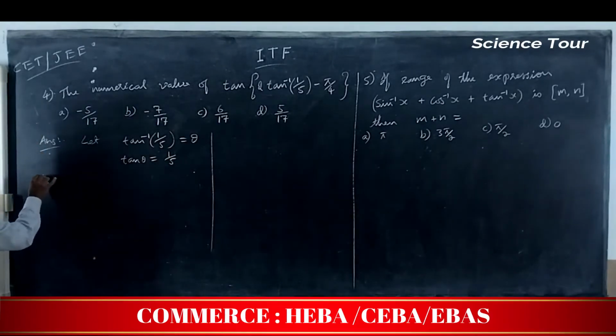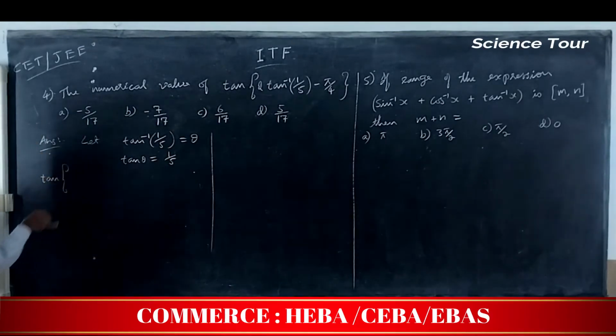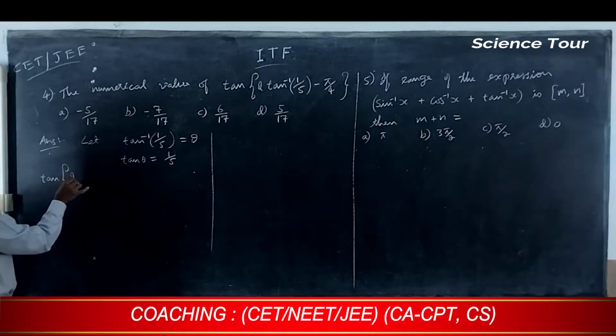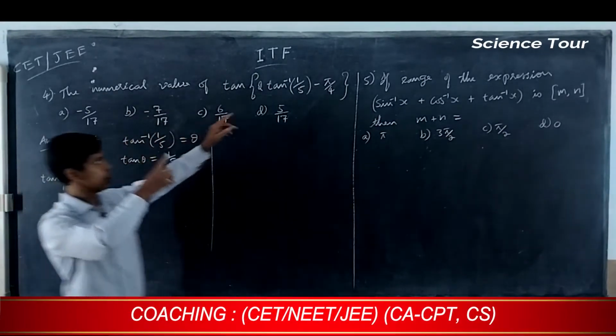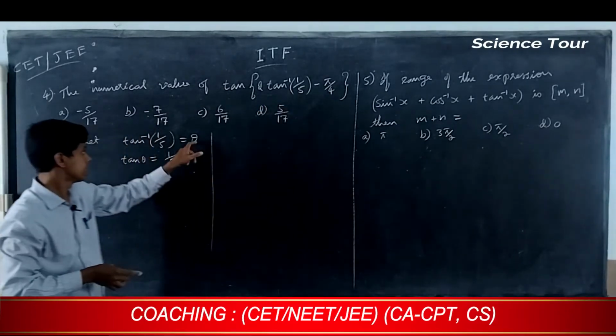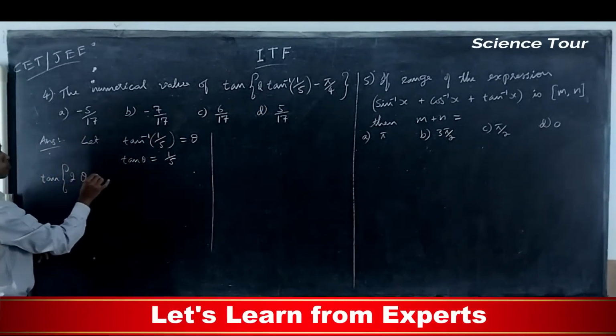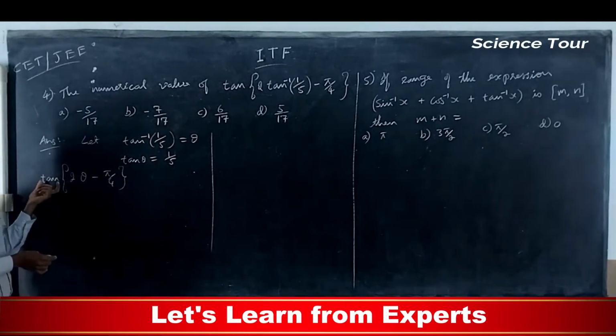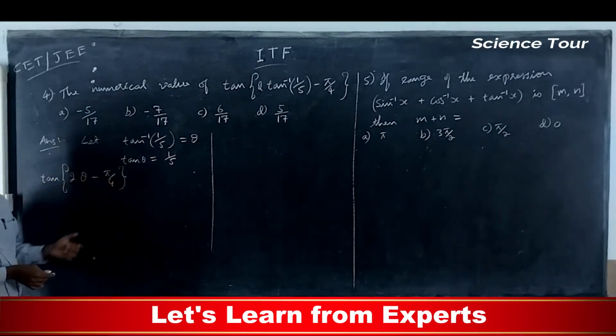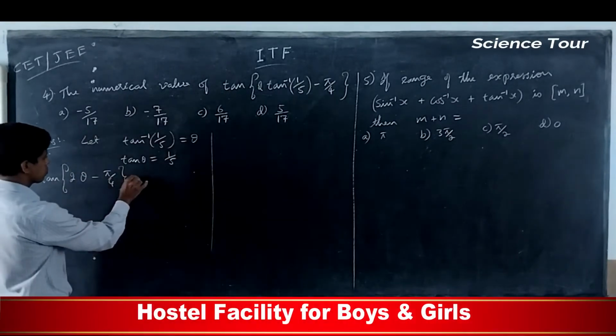So tan of 2, in place of tan inverse 1 by 5, I am going to write theta, minus pi by 4, correct? Now this is like the tan of x minus y type. So what is tan of x minus y?